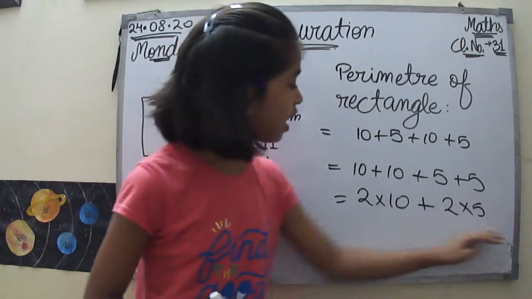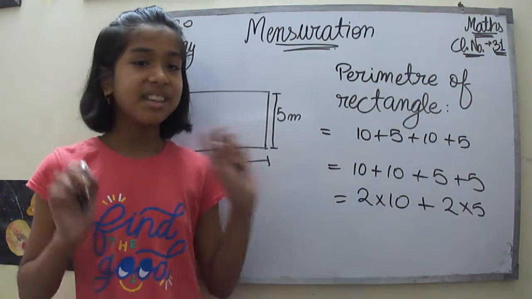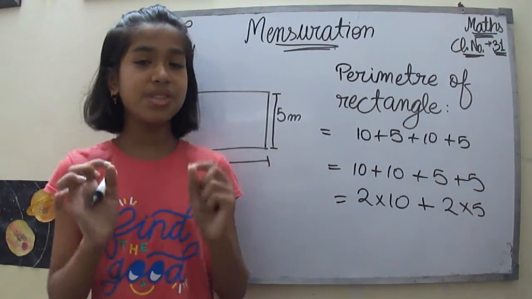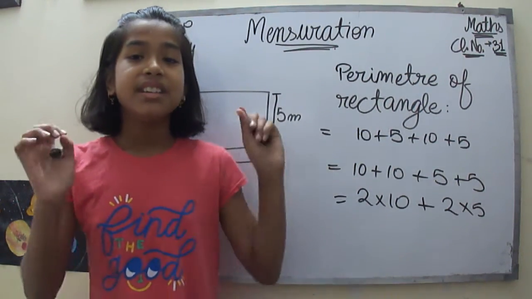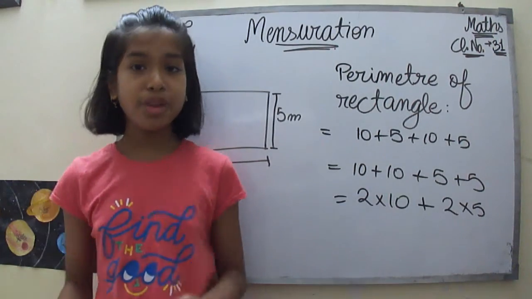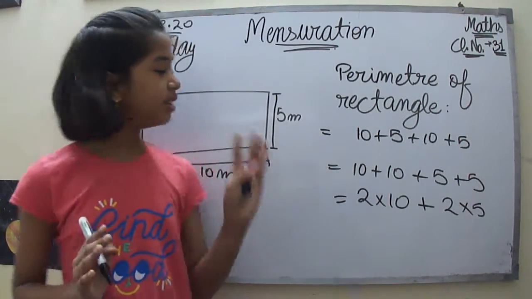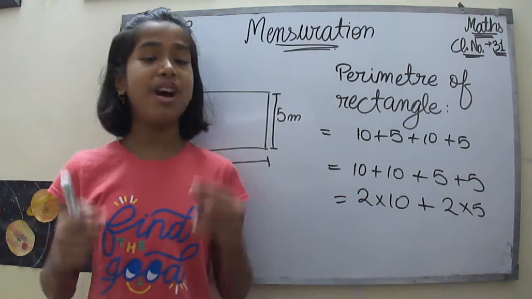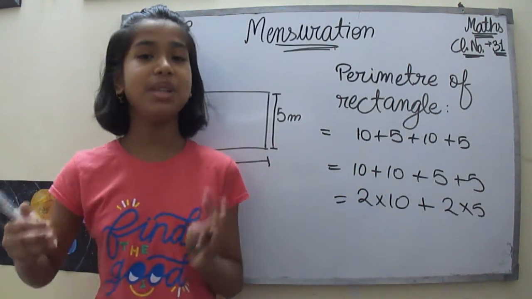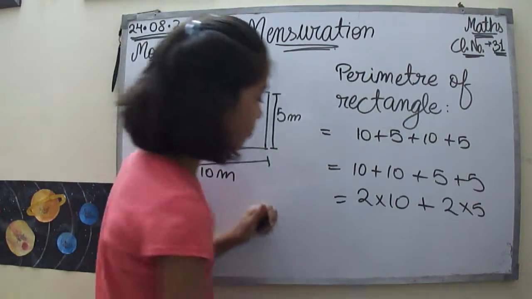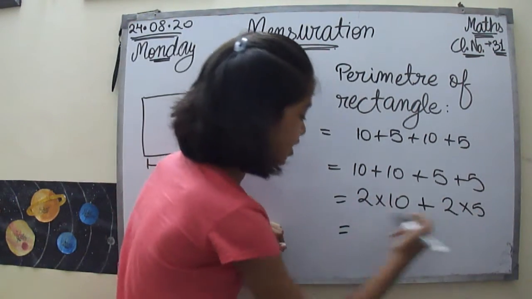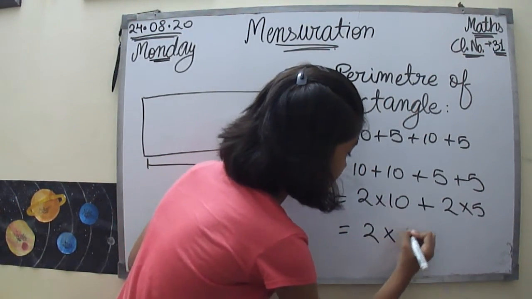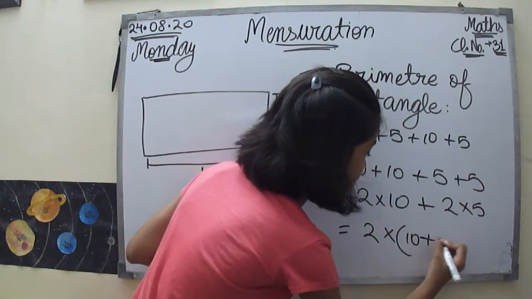Now when we are done with this, can we use one property? That property is known as the distributive property, and here we can take the help of that to build the formula of the perimeter of the rectangle. So we can write this as 2 into 10 plus 5.